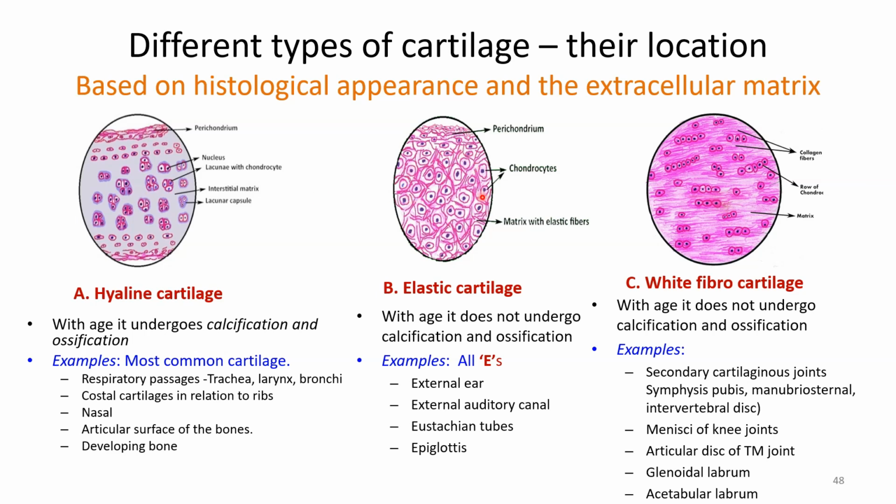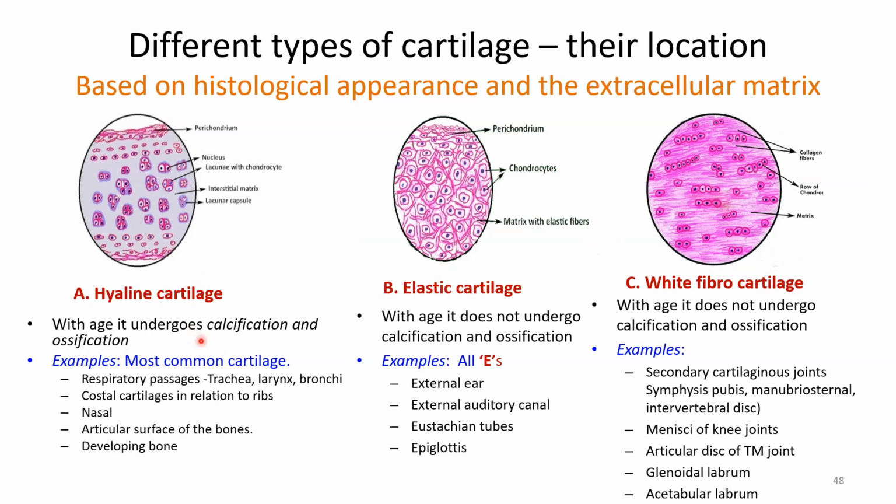In the case of elastic cartilage, the cells are larger in size and they are arranged singly or in groups of 2, and around them you are seeing the elastic fibers. In the case of white fibrocartilage, the collagen fiber bundles are seen along the lines of stress, and in between them will be a row of cartilage cells either singly or in groups of 2. So, how to draw the 3 types of cartilages you know.